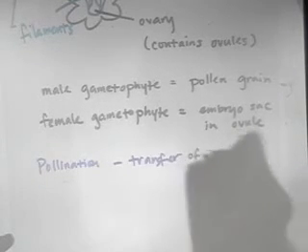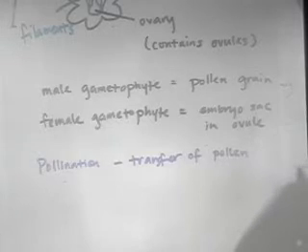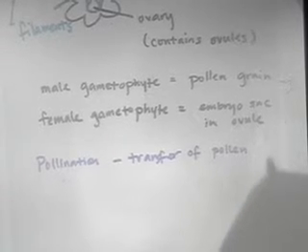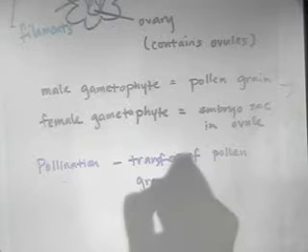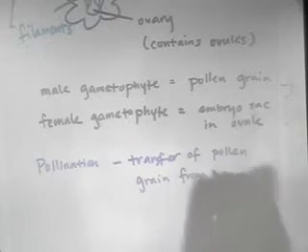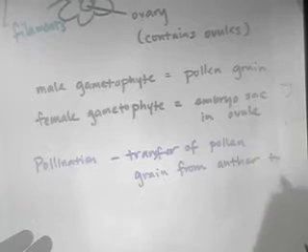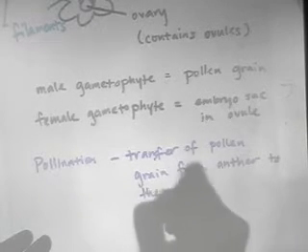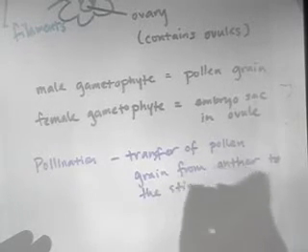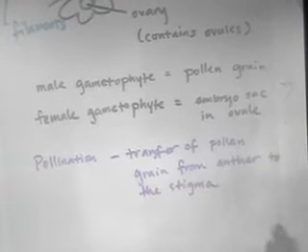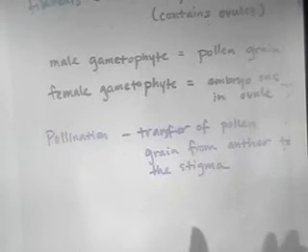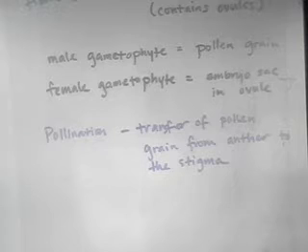Transfer, because otherwise it won't even have access to the female gametophyte. So it's being transferred from where it was produced, the anther, to the stigma, which is the opening, if you will, to the female gametophyte. Okay? So what happens is this.